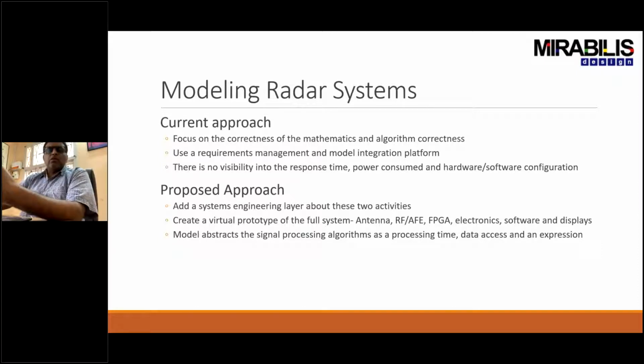So abstracting out all the information, you don't have to put in all the algorithms here and then again in Simulink. Rather, keep your Simulink model, but here you spend the time providing enough information so you can make the decisions about your hardware and software.